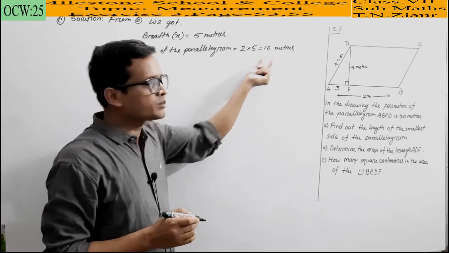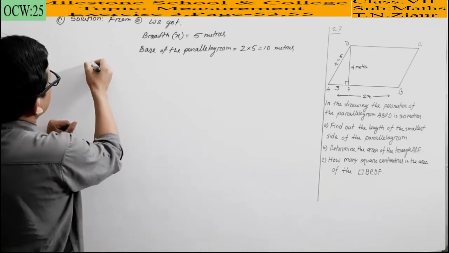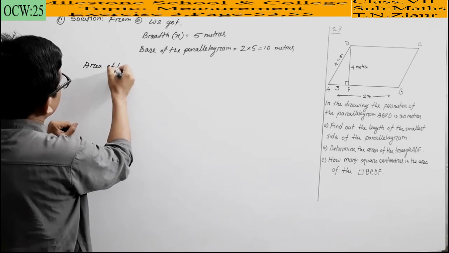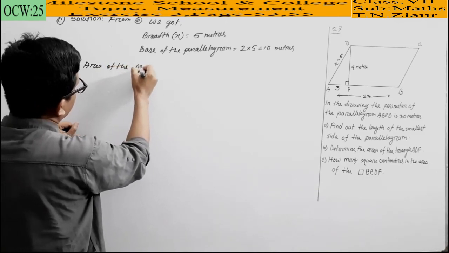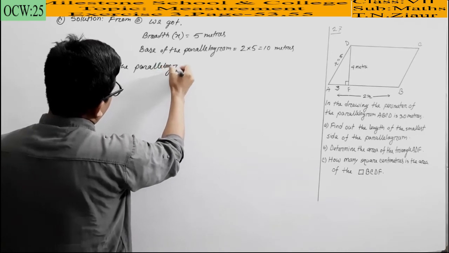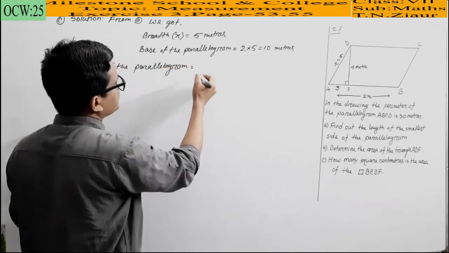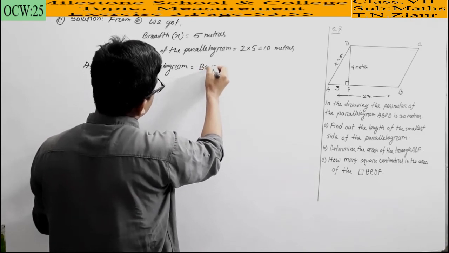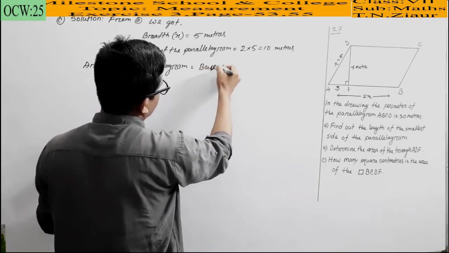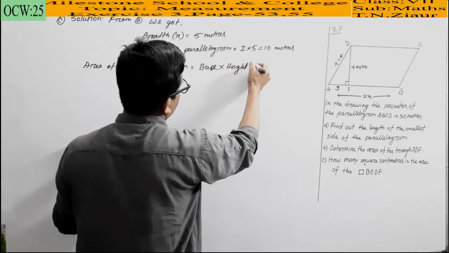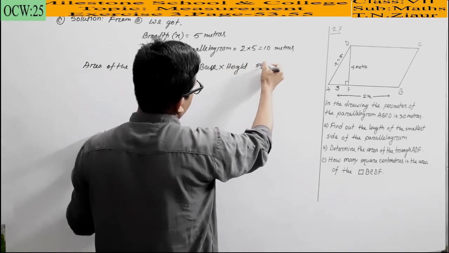Okay, now the area of the parallelogram is equal to base into height, that means square unit, right?